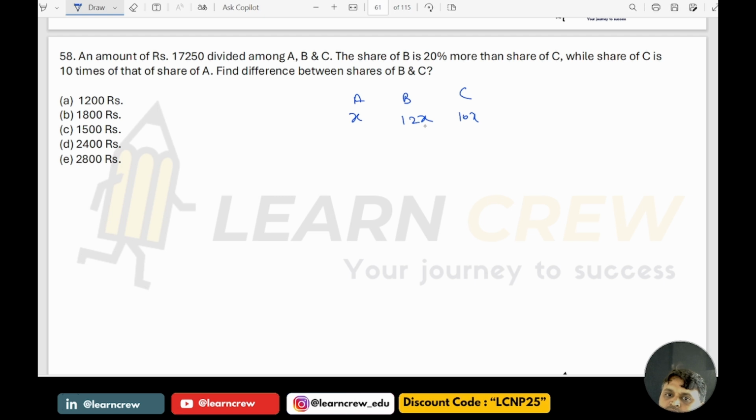So the shares are in the ratio 1 is to 12 is to 10.